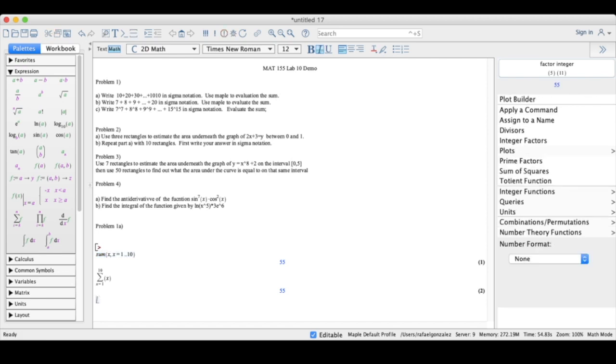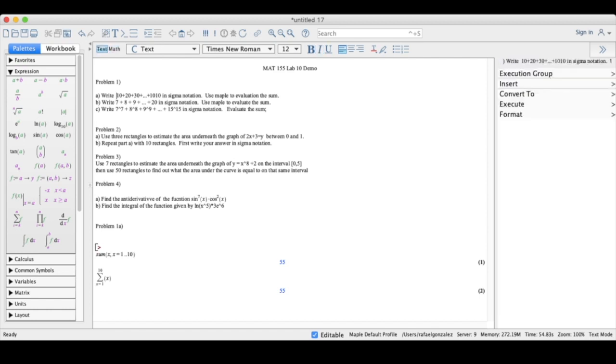So now that we have the preliminaries out of the way, let's work a little bit with this problem. If you notice, the first value is 10, the second value is 20, the third value is 30. So it looks like these values are increasing by tens. Also, if I multiply 10 times 1, I get 10.